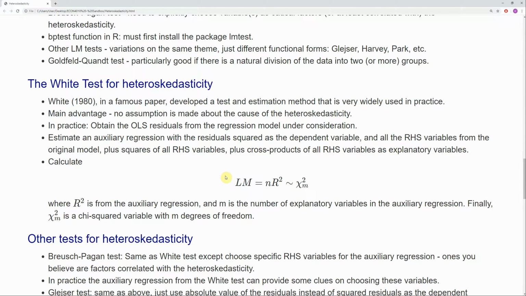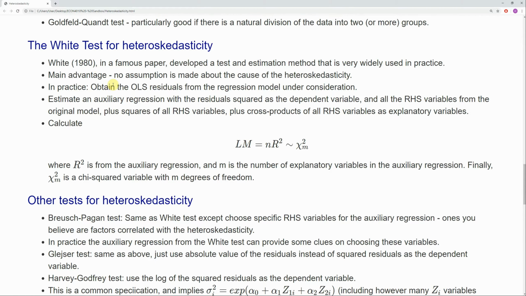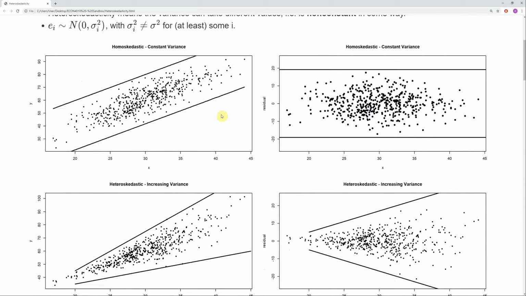So how does the White test work? Mr. White started to develop this methodology that is based on the definition of heteroskedasticity. We know that the definition of heteroskedasticity is coming from non-constant variance.